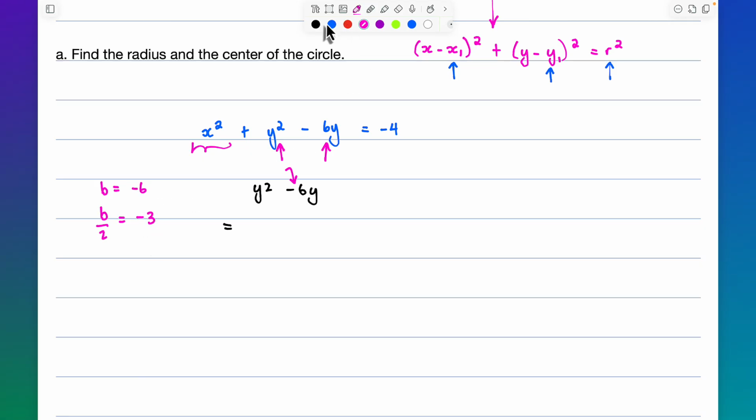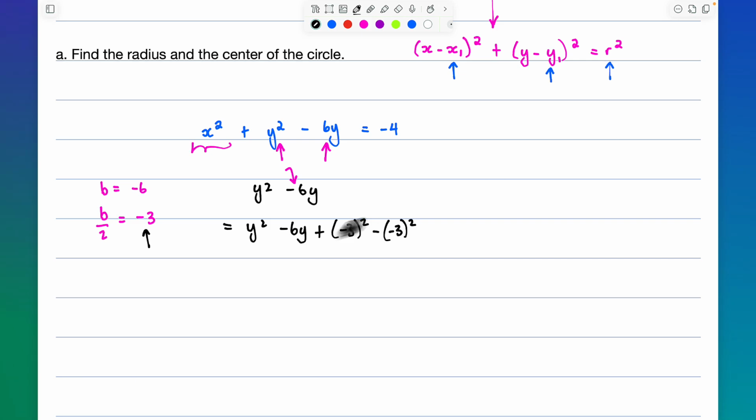To our expression, y squared minus 6y, the expression we had before, we're going to add and subtract the square of this b over 2. So we add the square of -3, but we also need to subtract the exact same term.